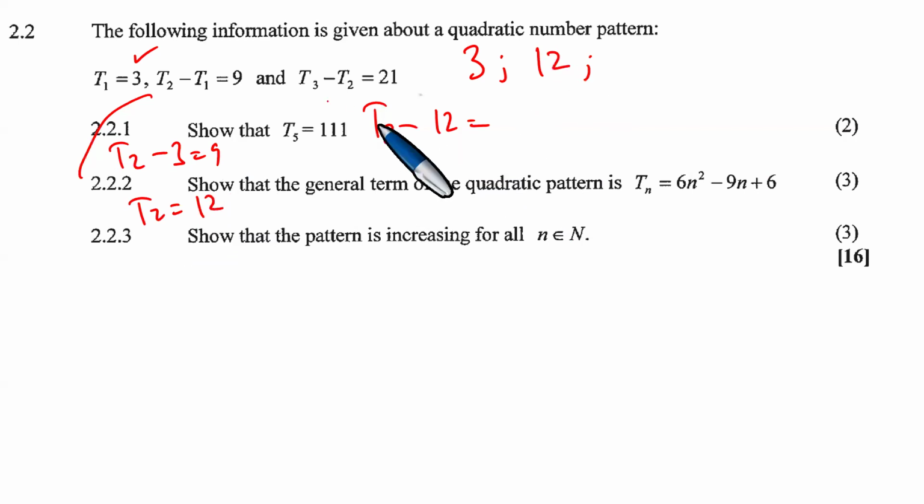That's why this is 12. So obviously, you know that T2 is 12. You can put 12 here, getting 21, so that T3 is actually 33. You put a 33 there. So you can do these kinds of things.